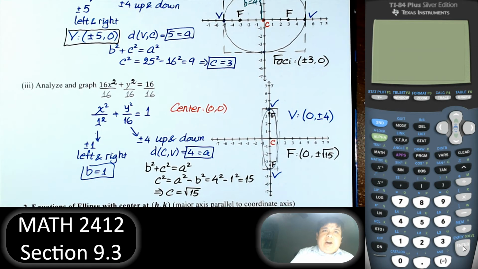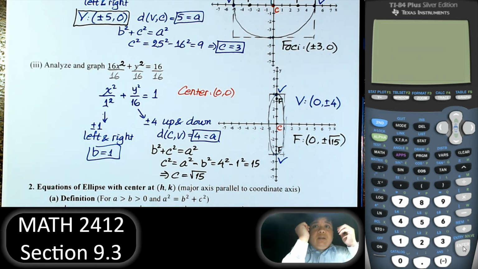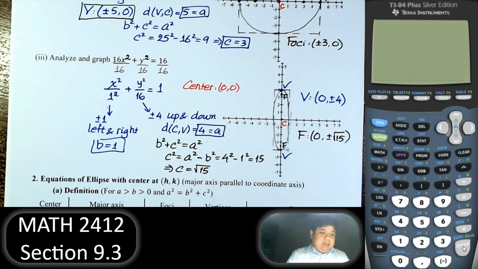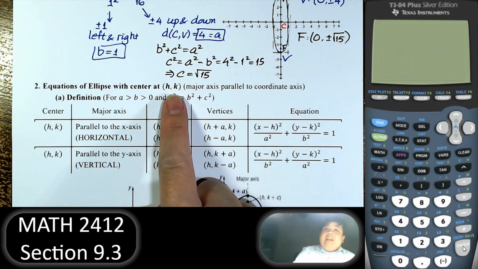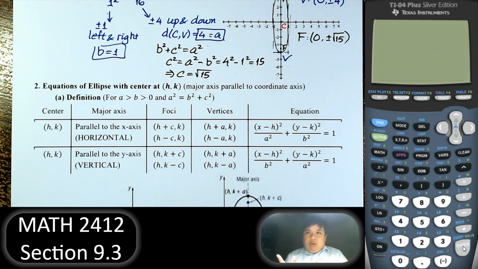So simple enough. In the ellipse, center in the middle, 2 foci, 2 vertices, all of them on the same line, and that line contains the major axis. The minor axis is perpendicular to it, and will give us the distance B. Right. Now, if we have the center H and K, just like what we had in the parabola earlier, we just translate H units to the right and K units up, and we have all of that.